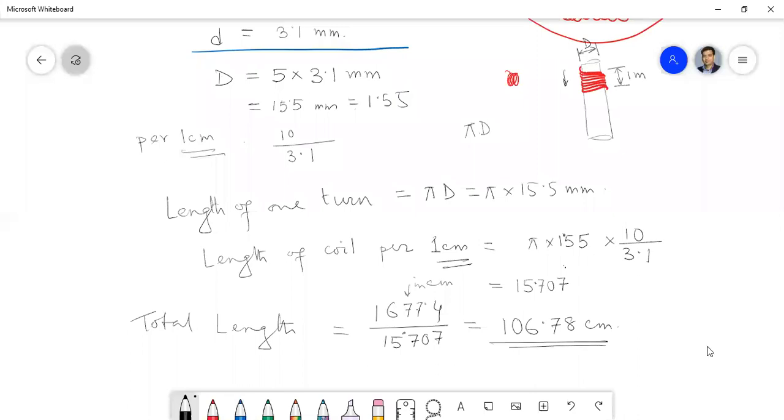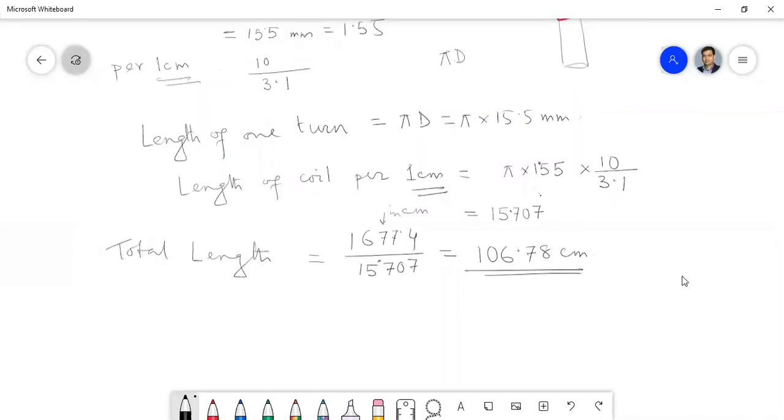So this will be the actual length of the wire, and this is quite small compared to the 17-meter wire, and this you can accommodate within your small space of your heater. Now it is clear.